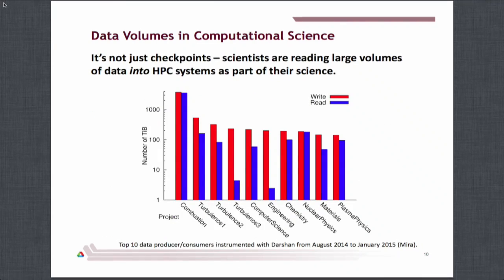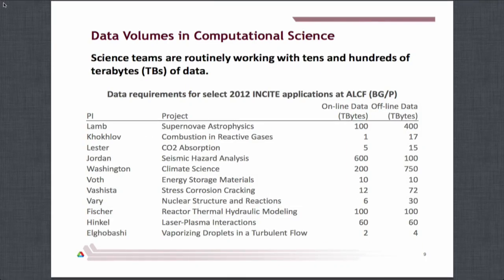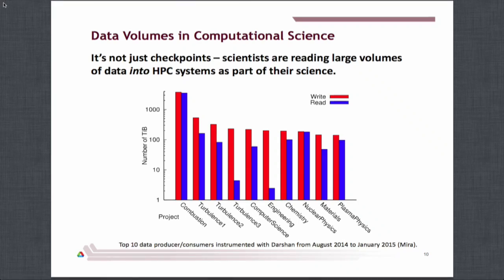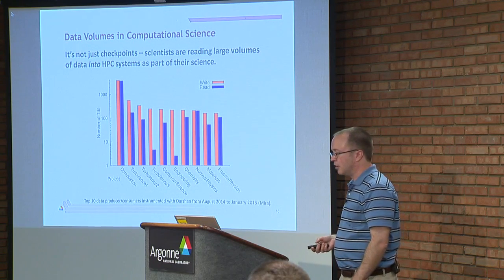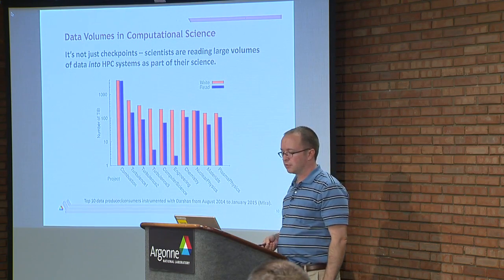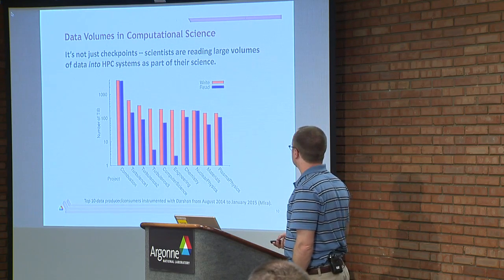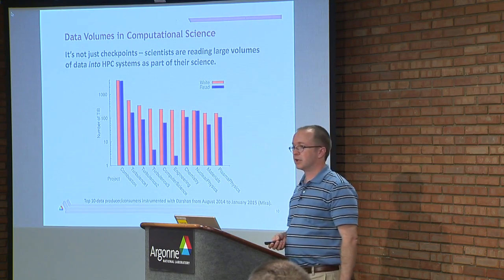And then this is sort of how much storage needs to be set aside for your project on the system. How much do you expect to just keep there? But if you look at how much data is actually moved on and off of the file system, it's a lot bigger. This is more recent data from a few months ago that we just took a sampling of applications and looked at how much data they were reading and writing. And there's a couple things you can see here. There's a lot of different science domains that are making heavy use of the storage system, and they're moving petabytes of data over a series of months.